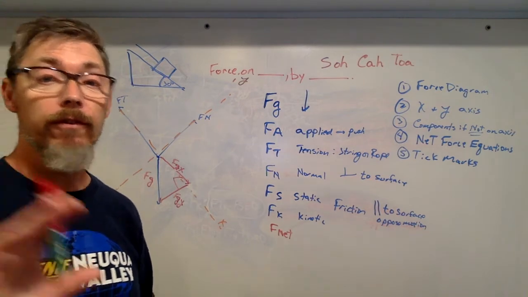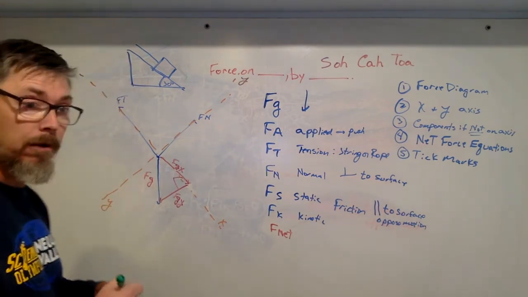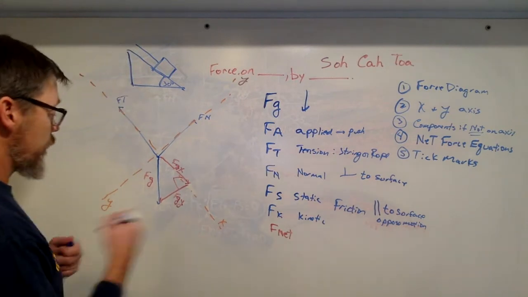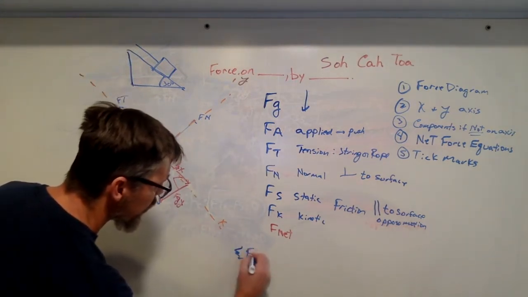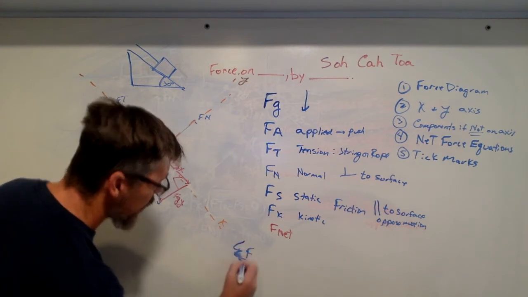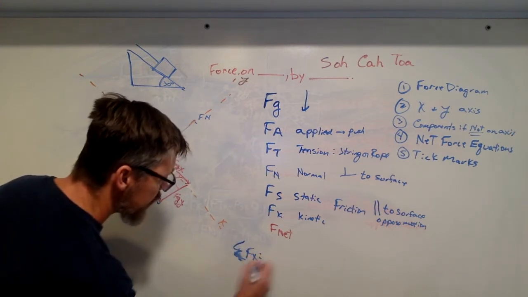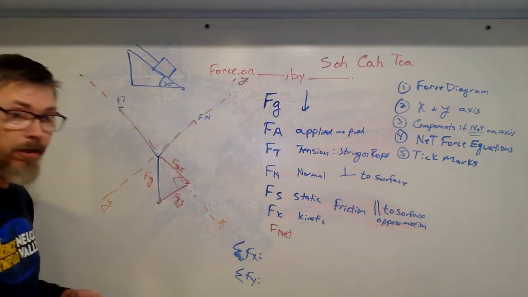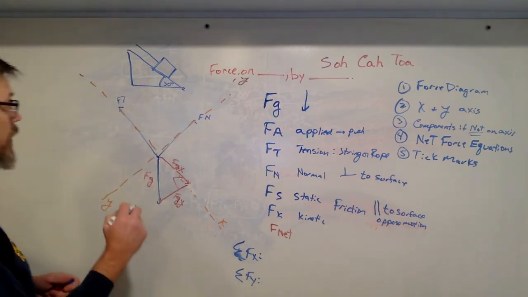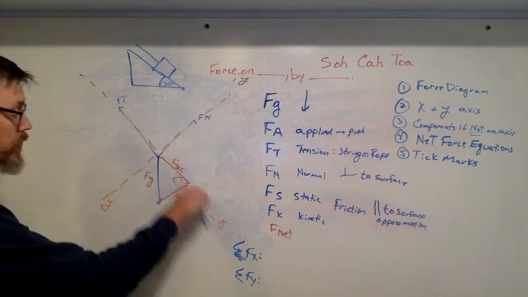Okay, so let's write our net force equation. Let's do the sum of our forces in the x, sum of our forces in the y. Use colons there again. So look in the x direction. Positive x direction is this way.